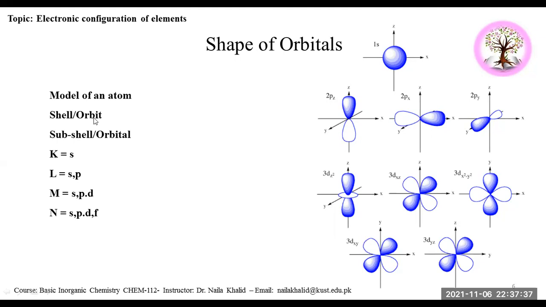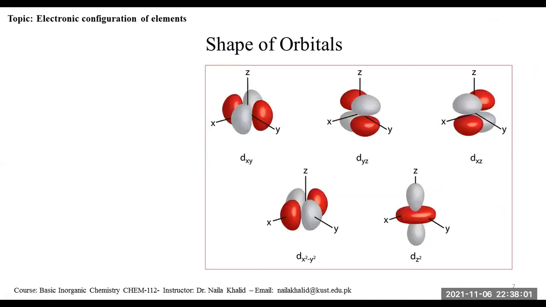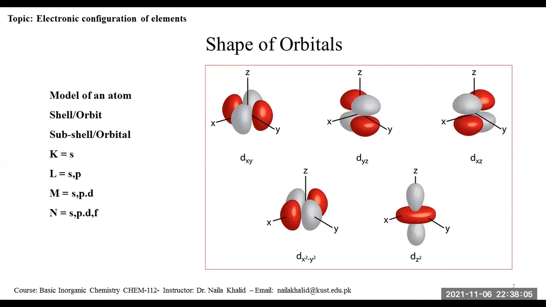So you can say that there is only one type of s orbital and three types of p orbital in the L shell, whereas in the M shell there are one s, three p, and five d orbitals. In the N shell, there is an addition of f orbitals, which is further complicated. You can see the shapes of orbitals.